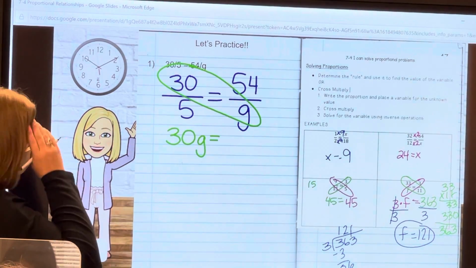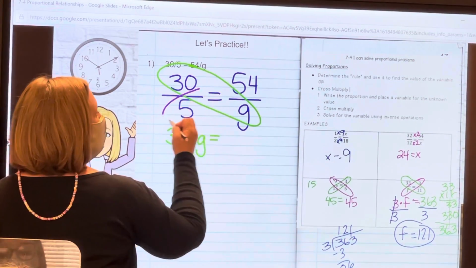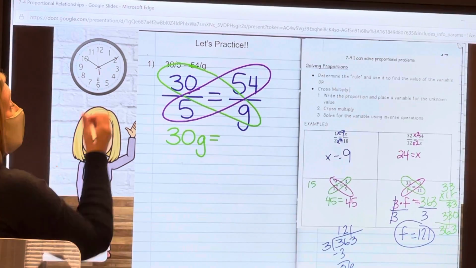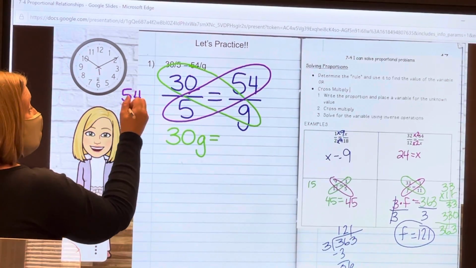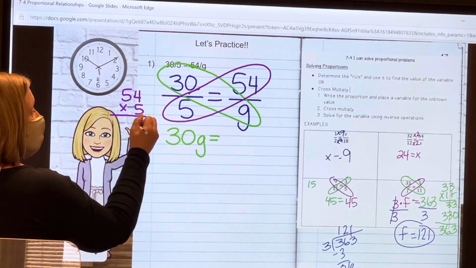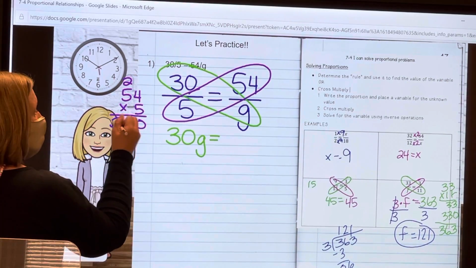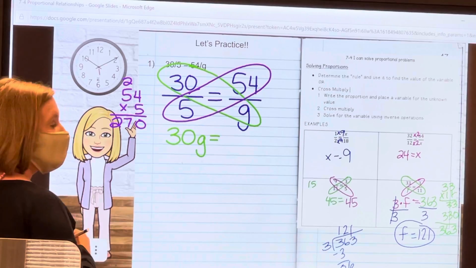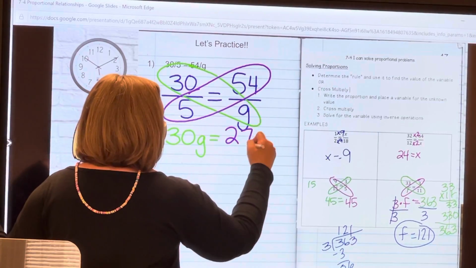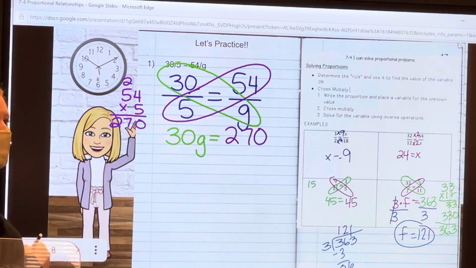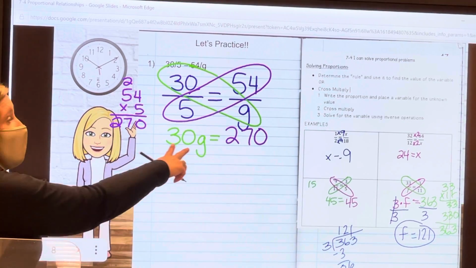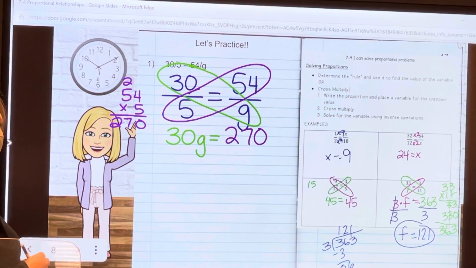That's just it? Now, I've got to do what? 5 times 54. I want you to go to the side and do that. 270. You gotta multiply. All right, what operation's going on with 30 and G?